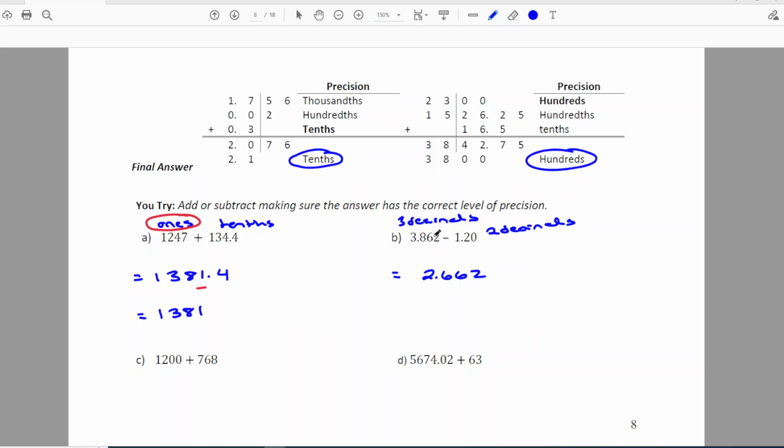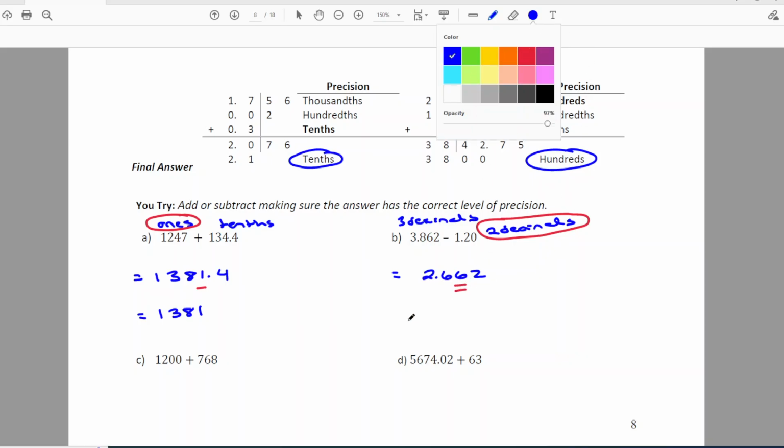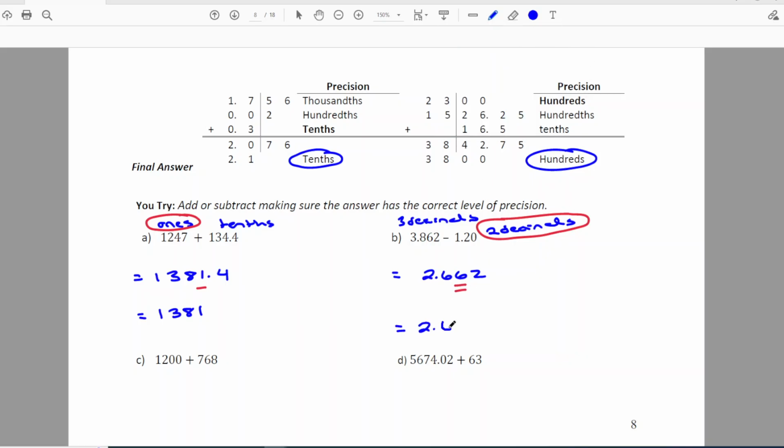You'll notice that I switched from thousandths and hundredths to 3 decimal places and 2 decimal places because I just find it easier. So now I can only be precise to 2 decimal places. So I'm going to round the 6. Because the number next to it is a 2, it's going to remain the same and I get 2.66. So same precision, question and answer.